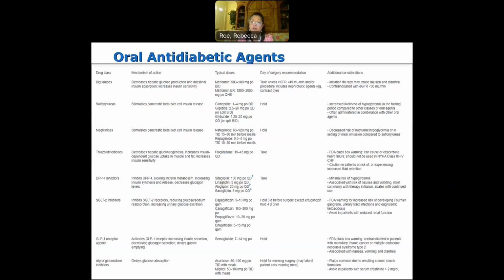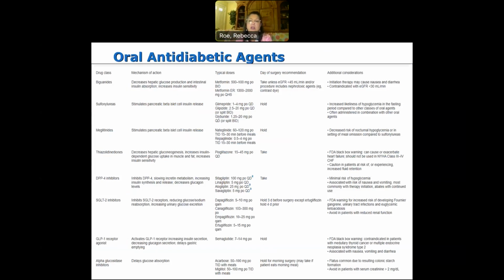And I don't know if this particularly works with this patient, but the SGLT2 inhibitors, which would be your dapagliflozin, canagliflozin, empagliflozin, or ertugliflozin, there is a warning for increased risk of developing Fournier gangrene, urinary tract infections, and euglycemic ketoacidosis, and we'll talk about that in the following slides.